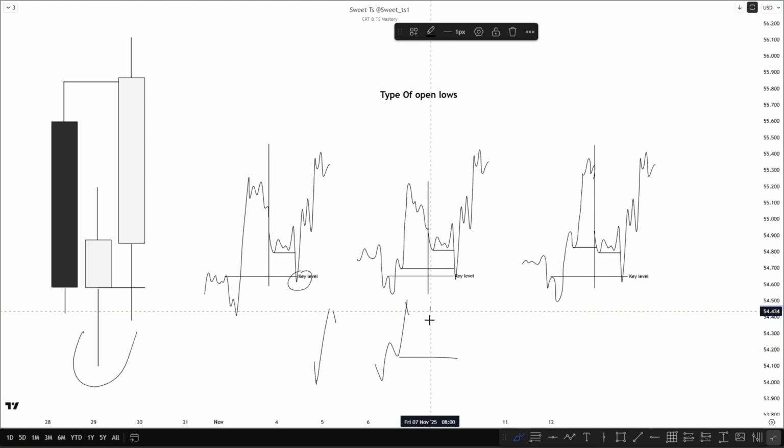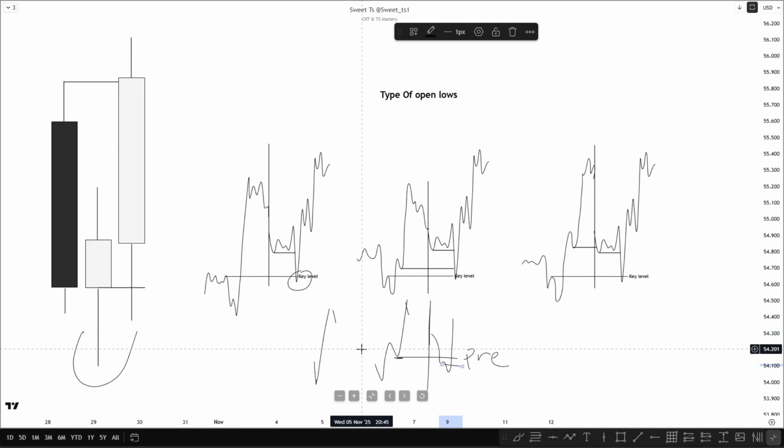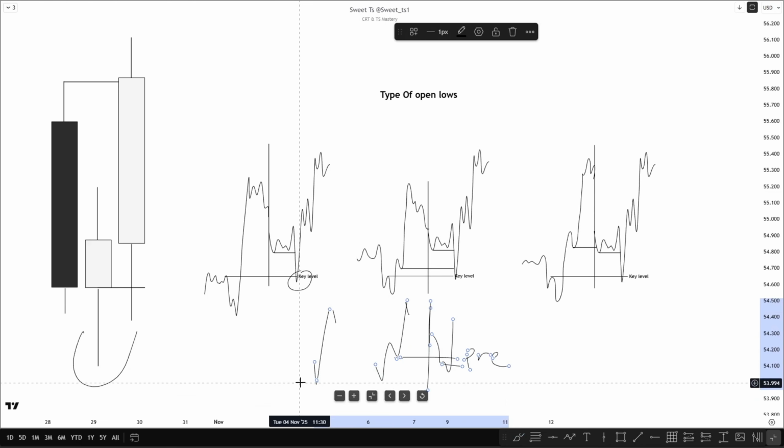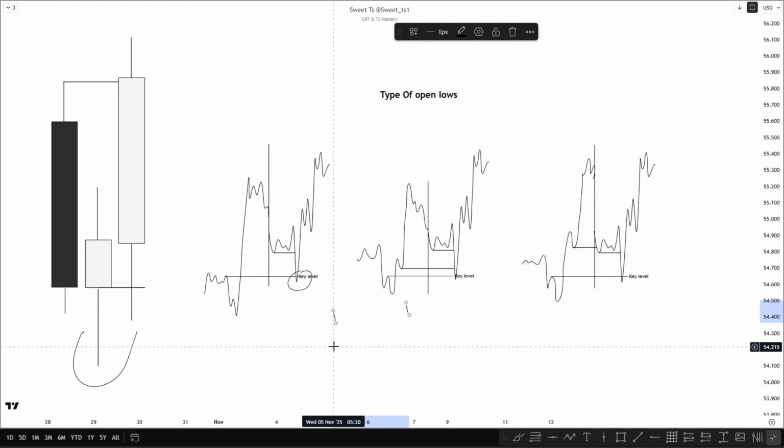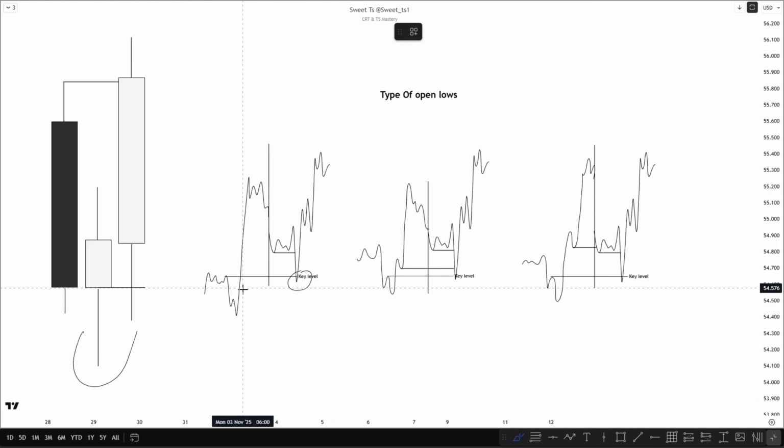So those before the opening price of the new candle, this is called a pre-liquidity pool, right? After the open is a new liquidity pool. It's going to form, right? So in this example, we don't have a liquidity pool. Once we don't have liquidity, it's not the same, guys. Just pay attention. Expansion, no liquidity pools.